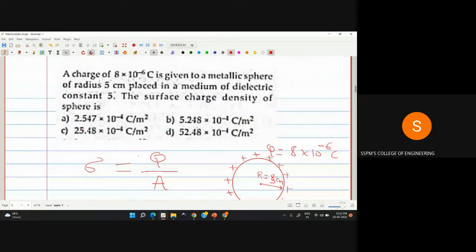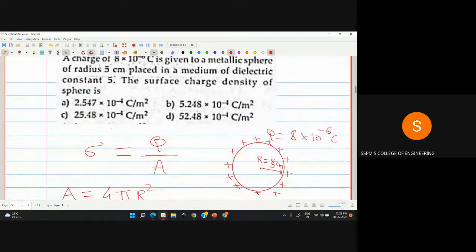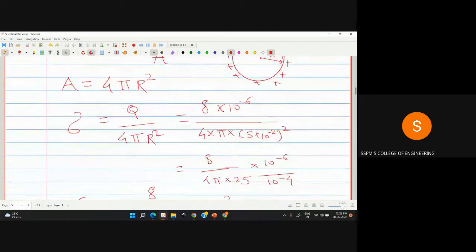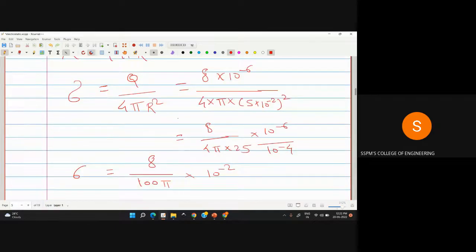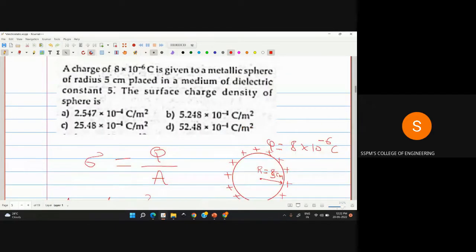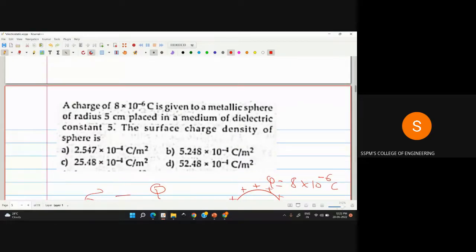So you can find the correct answer here. 8 divided by 100 pi is approximately equal to 0.254 into 10 to the power minus 2. So it will be 25.4 into 10 to the power minus 4 coulomb per meter square. So what is the correct answer? 25.4 into 10 to the power minus 4 coulomb per meter square. So in this way you calculate the surface charge density, isn't it?